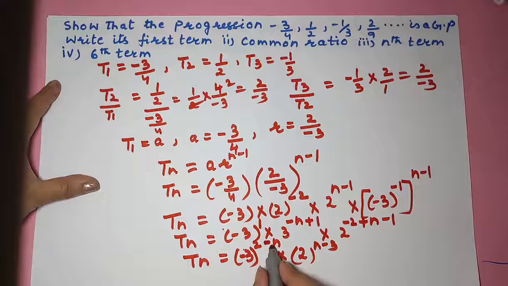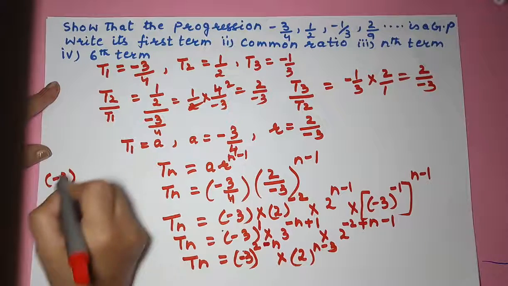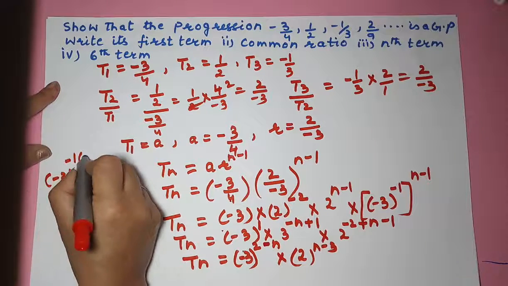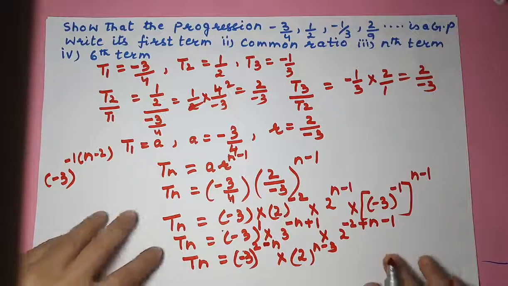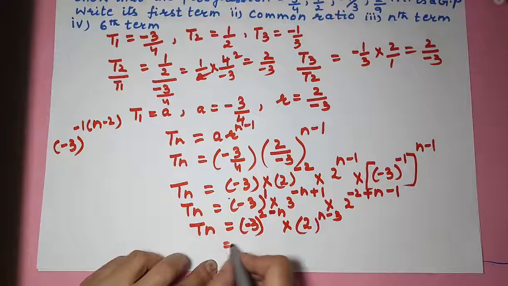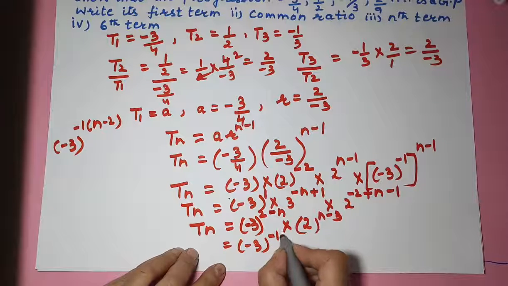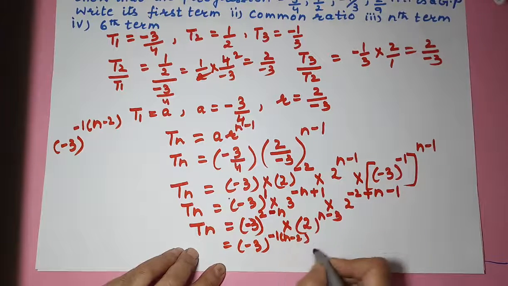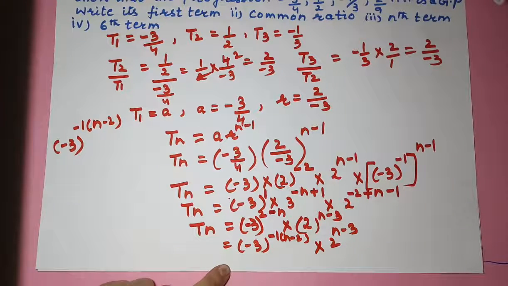So what will I do with this? I will take minus 1 common. So minus 3 raised to minus 1 into n minus 2, and the 2 I'll keep in the numerator only because n is positive.